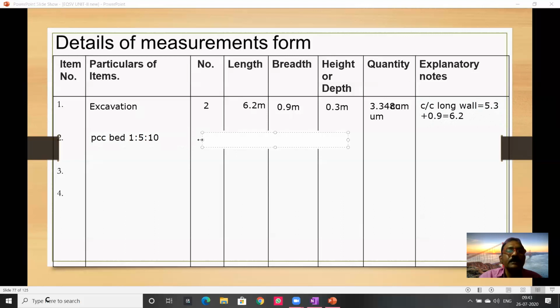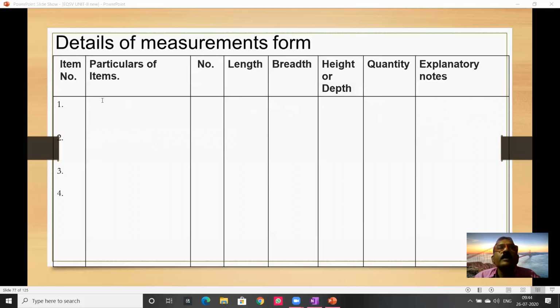Again, there are two numbers here. After excavation comes the PCC bed, which is the first footing, so it will be less. Similarly, you will get the breadth and width. In the explanatory notes, the same center of the long wall, and you have to add the PCC bed width.